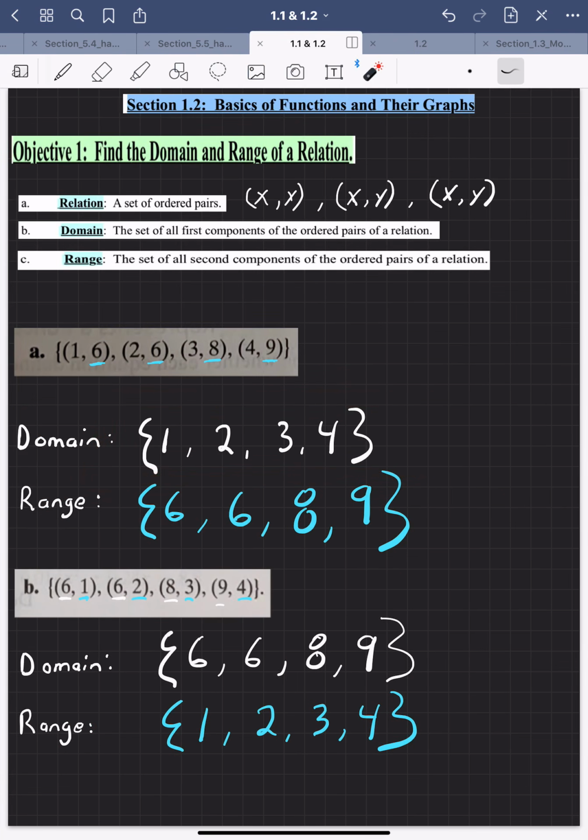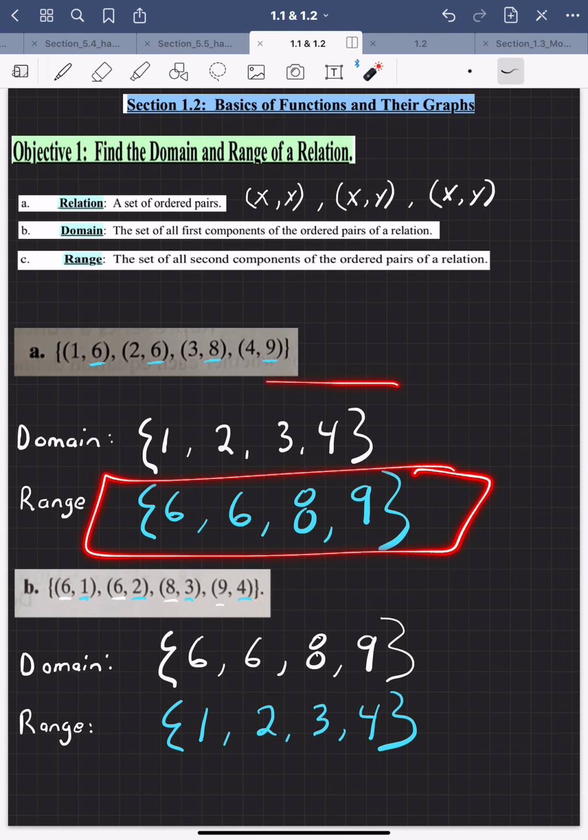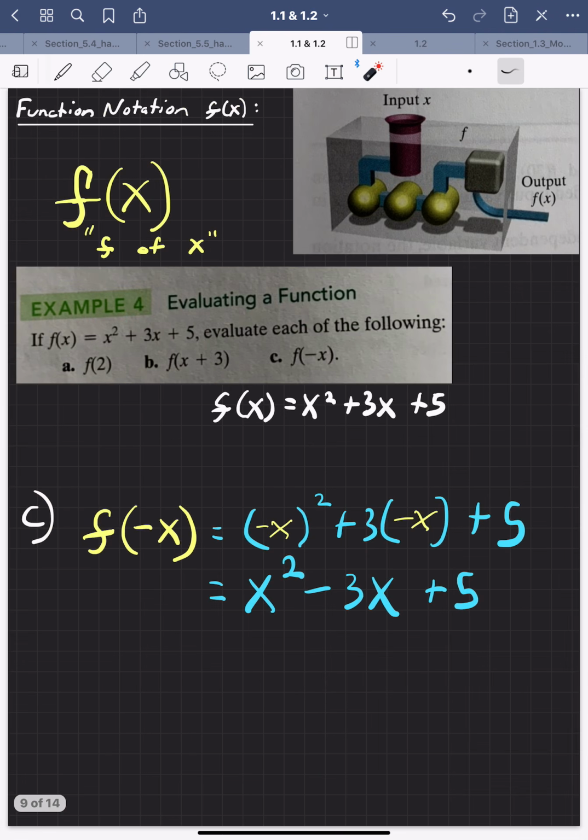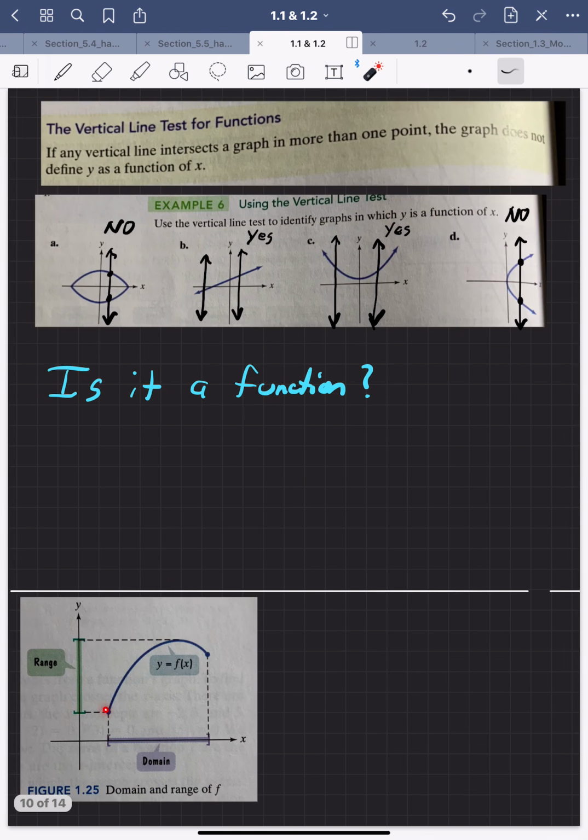Here we could list all the y's and all the x's, but you can't do that if you have an infinite amount of them. So I need to teach you how to use what we call interval notation, or what we also call set builder notation.